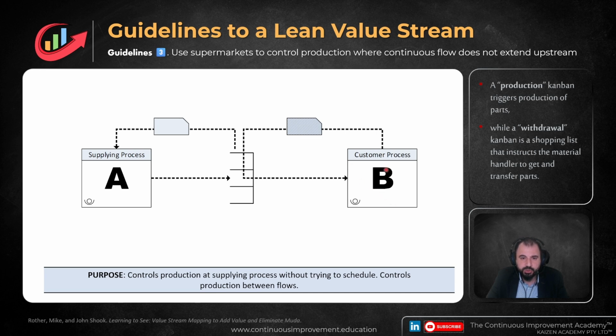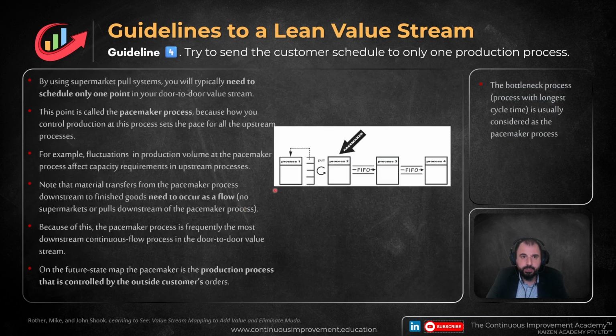So this process wouldn't be able to withdraw anything without Kanban, and this process wouldn't be able to produce anything without a Kanban, and the supermarket arranges all of this. To simplify scheduling and amplify lean benefits, our fourth guideline is to try to send the customer schedule to only one production process.